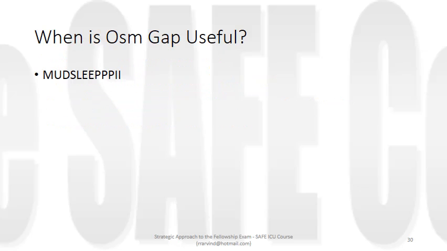So what are these osmoles that are floating around in the blood? In other words, when is the osmolar gap really useful? It's useful mainly in patients with a high anion gap metabolic acidosis. Remember, in the acronym for the causes of high anion gap metabolic acidosis, we came up with MUD-SLEEPy. Many of these are osmoles.